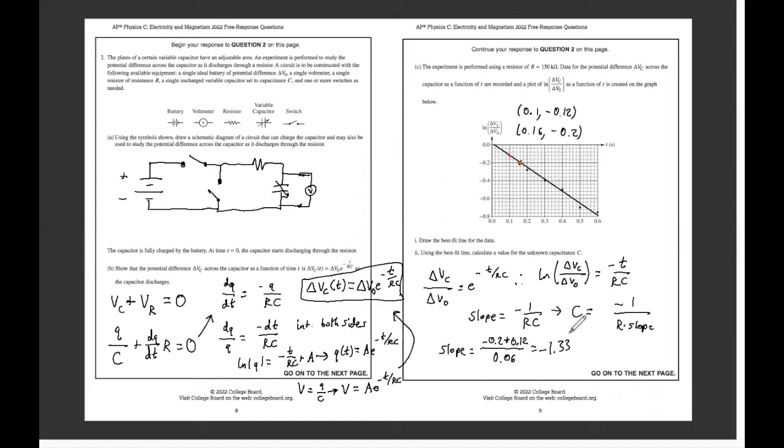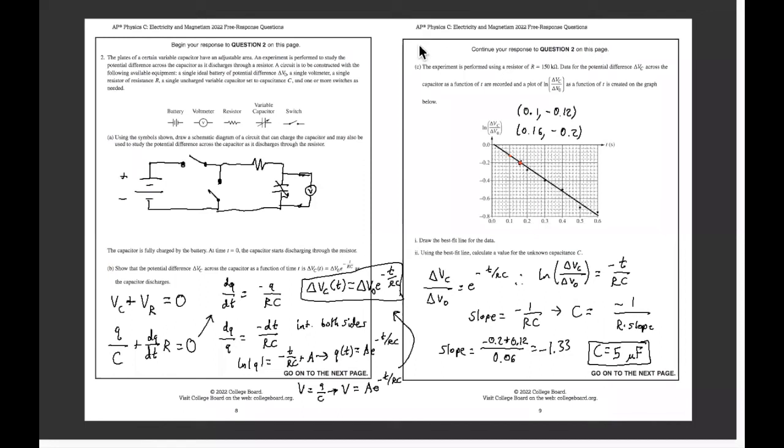Make sure that you change that kilo ohms to ohms for those SI units. And then I divide it by the slope, 1.33. I am going to get a value for capacitance of, let's see, it looks like 5 microfarads. So 5 microfarads is the capacitance that I have determined using my slope. So I use that formula, C is equal to negative 1 over R times the slope to get that.